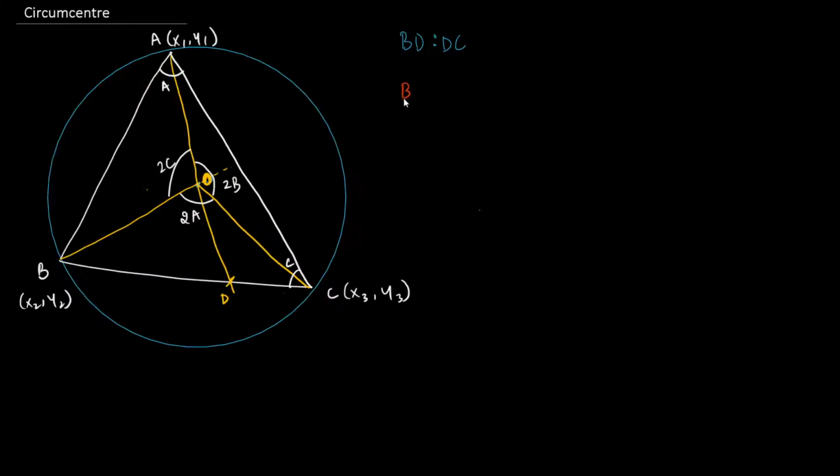So BD divided by DC is equal to, if you notice carefully, BD and DC are both parts of triangles that are formed within ABC. So why not write this as the area of triangle ABD divided by the area of triangle ACD?